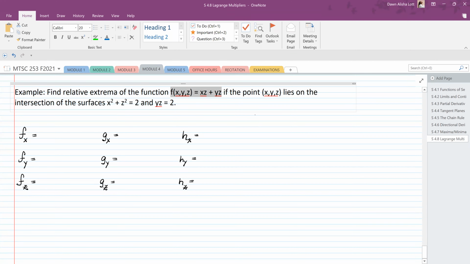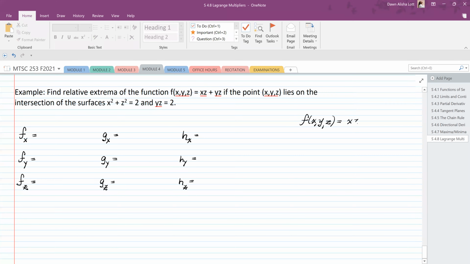So f of x, y, z is xz plus yz. G of x, y, z is x squared plus z squared minus 2. And h of x, y, z is yz minus 2.